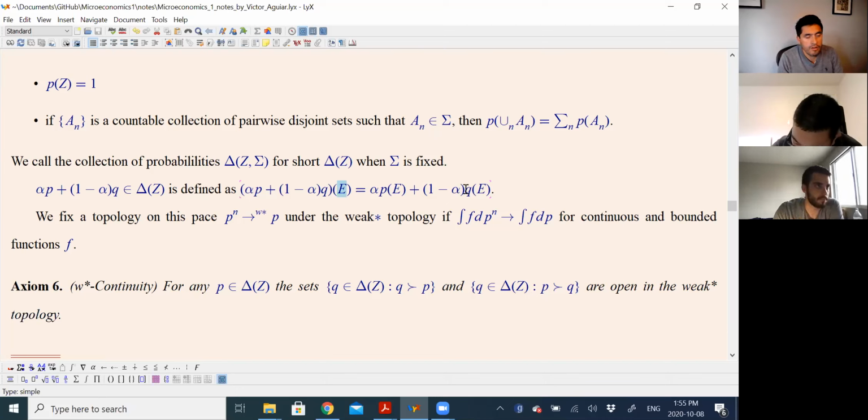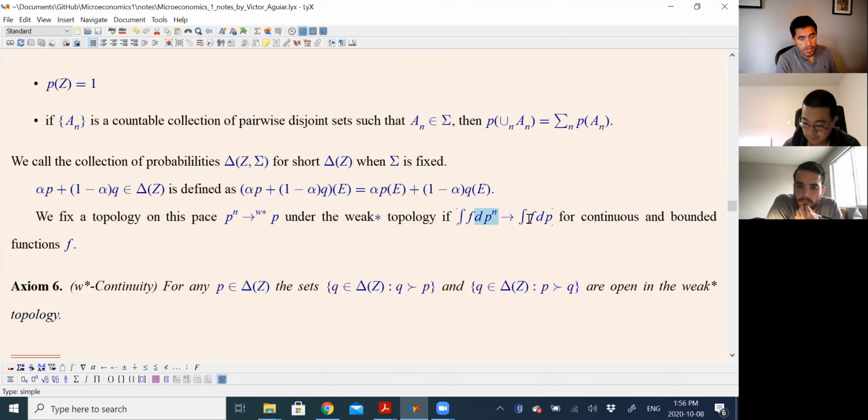One famous topology that is very useful in this world is the weak star topology. It basically means that Pn converges in the weak star topology to P if and only if, for every continuous and bounded function f, the integral of f with respect to the measure dPn converges to the integral of f dP. This number is already an integrated object.